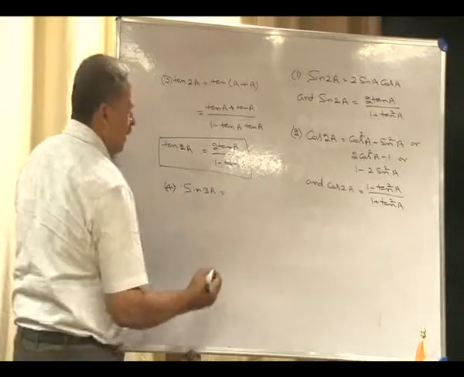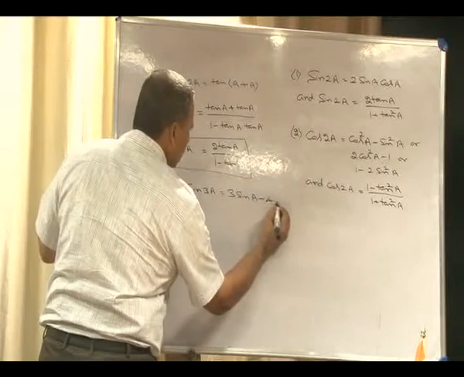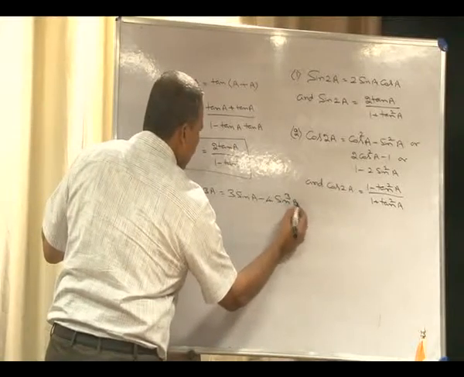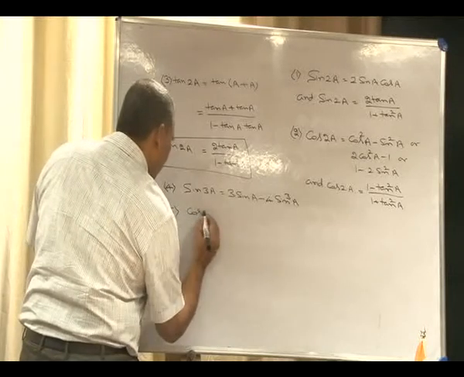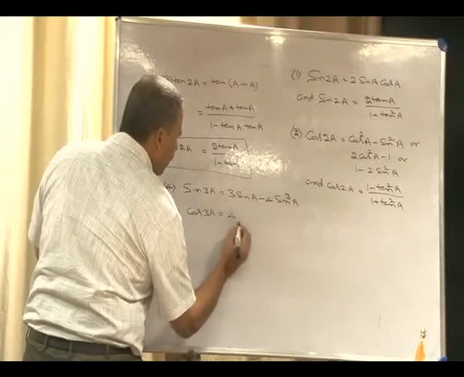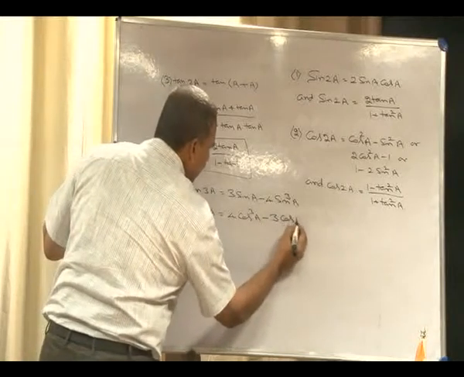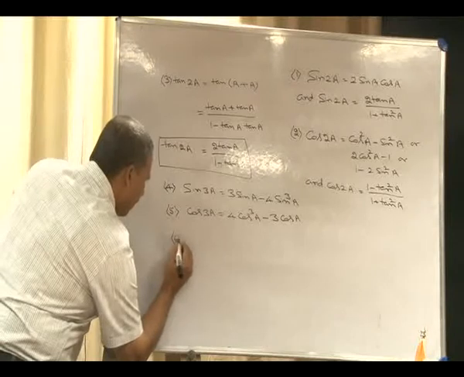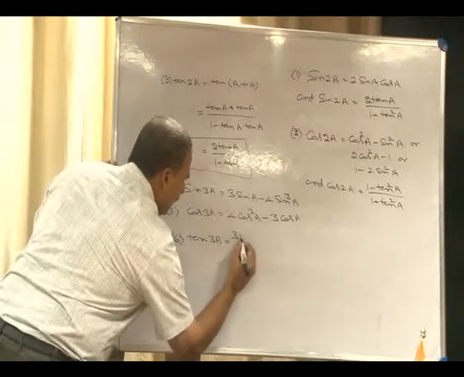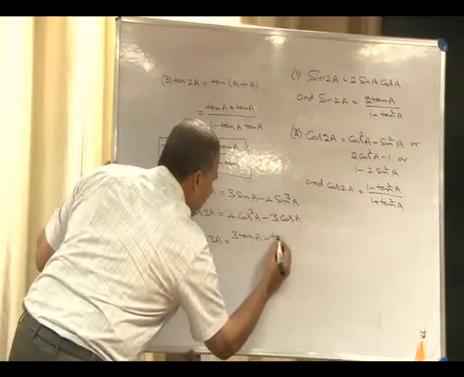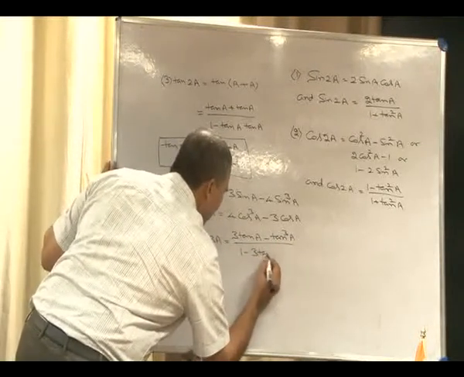The formula for sin 3A is 3 sin A minus 4 sin cube A. Cos 3A is equal to 4 cos cube A minus 3 cos A. Tan 3A is equal to 3 tan A minus tan cube A by 1 minus 3 tan square A.